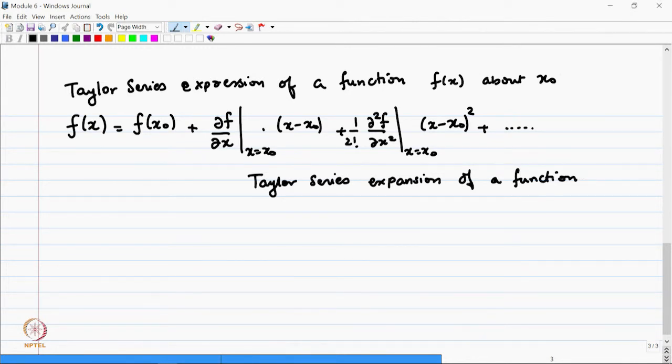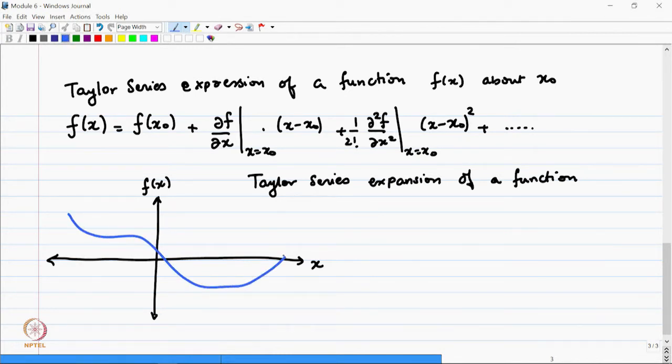Now, let us look practically at what we are doing when we are evaluating a Taylor series. Let's look at it graphically. If you have x and f of x, and let us say you have some function that looks like this.